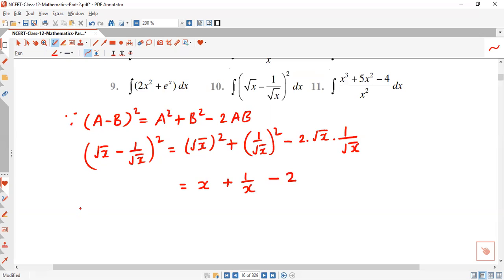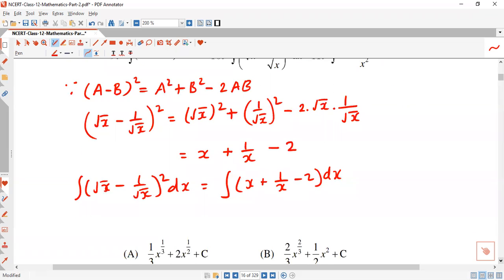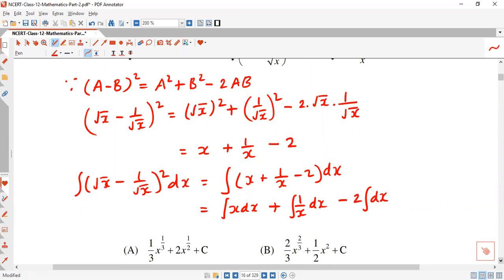So now the integration becomes what? The integration of root x minus 1 upon root x, whole square, dx will be equal to integration of x plus 1 upon x minus 2 dx. So this integration will be equal to integration of x dx plus integration of 1 upon x dx minus 2 times integration of dx.